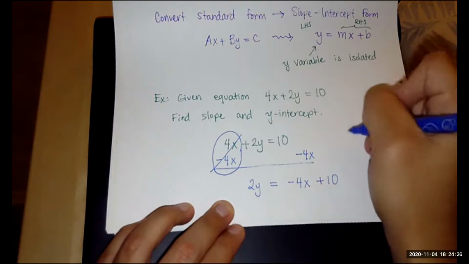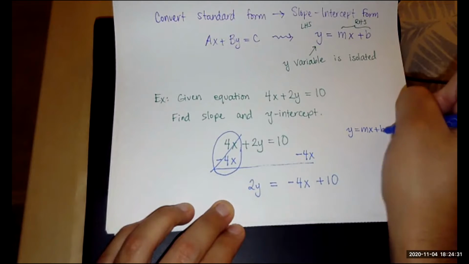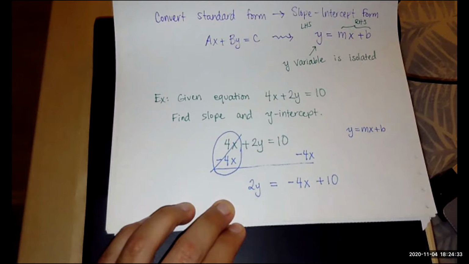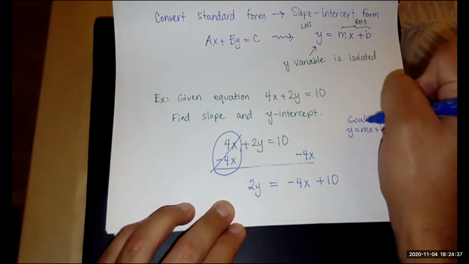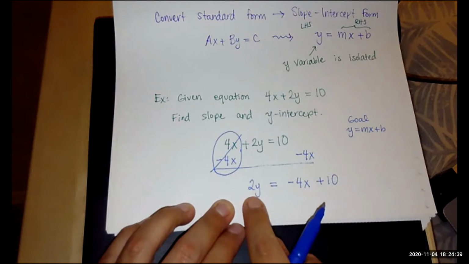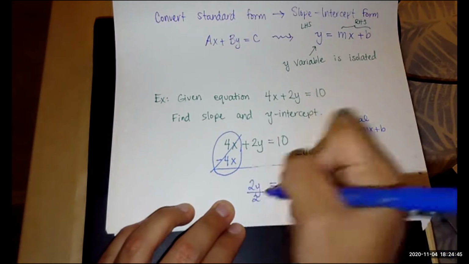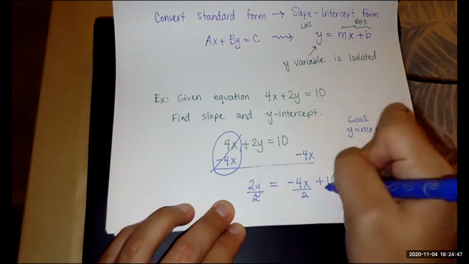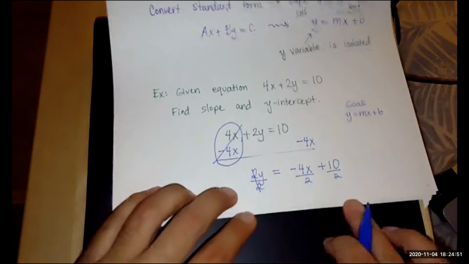Because remember, I'm trying to get this in the slope-intercept form, which is y equals mx plus b. And I'm almost there if this is my goal. All I need to do is somehow get rid of this 2. And since this is 2y, I can divide by 2. I could divide everything by 2 so that the 2 cancels out here.